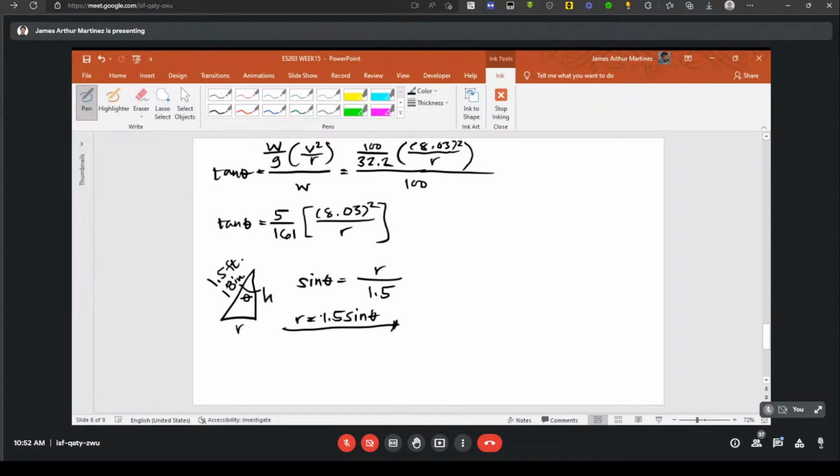Okay? And this expression, class, for the radius, we will substitute here in our equation. So this becomes tangent theta is equal to 5 over 161 times 8.03 squared all over the radius, 1.5 sine angle theta.